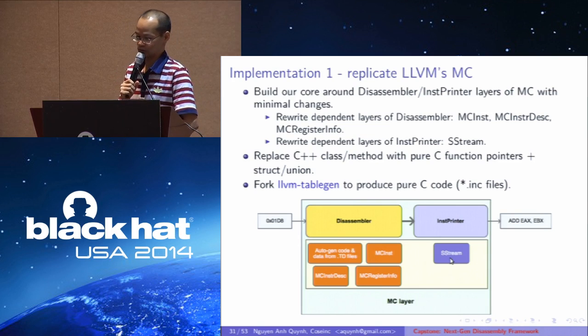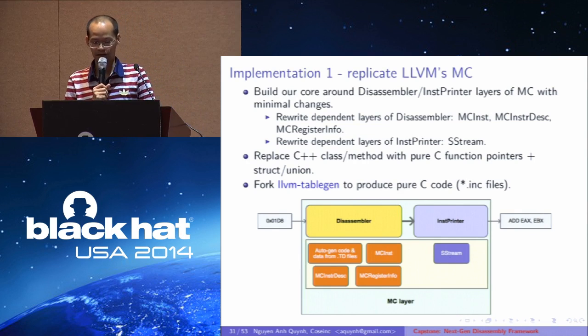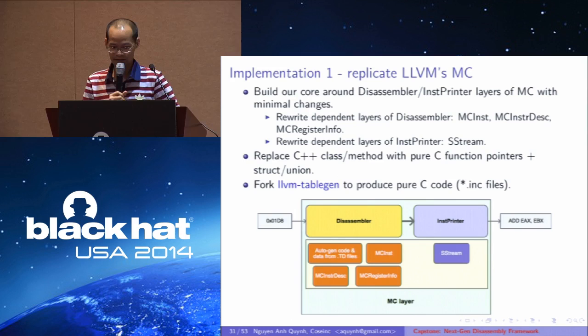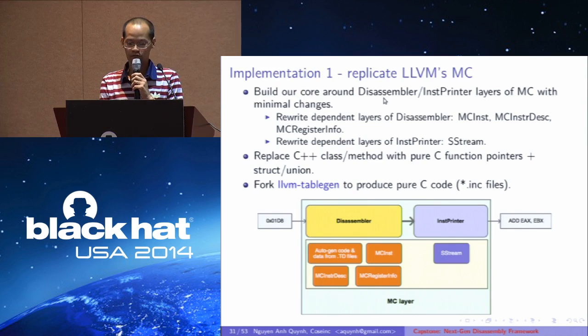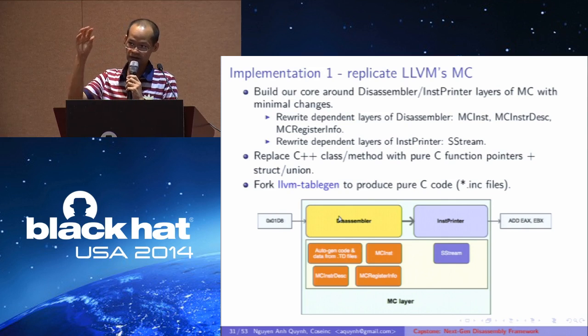So the question is what to do. The design of Capstone at this step is that I build the core around these two components, disassembler and printer, with very minimal change. Because these two components are sometimes updated. For example, when some architecture adds new instructions or new features, they update these two components.